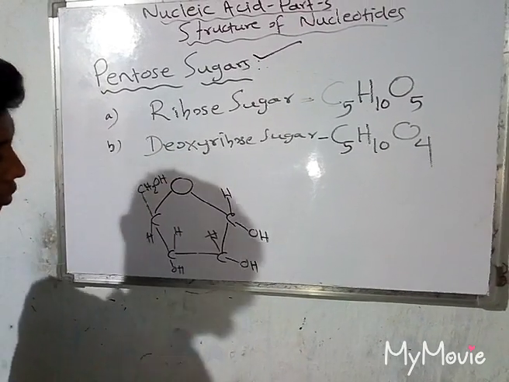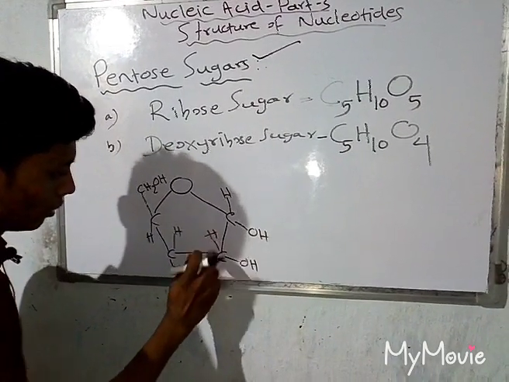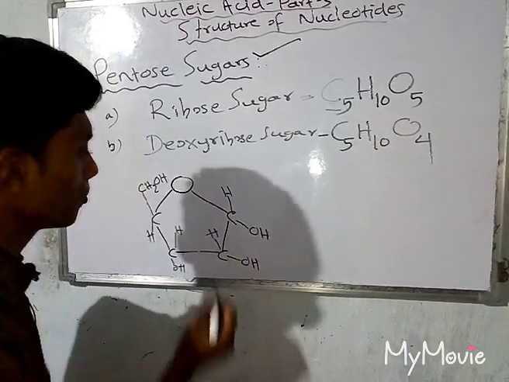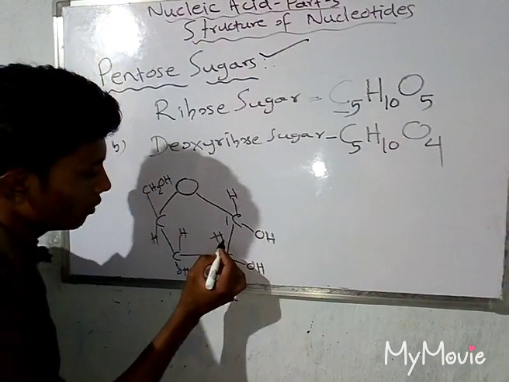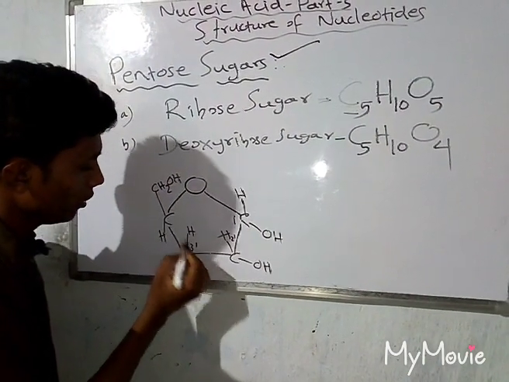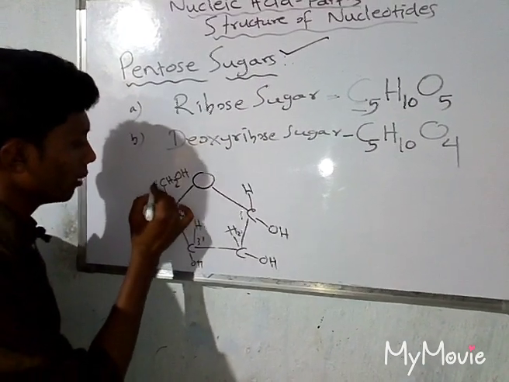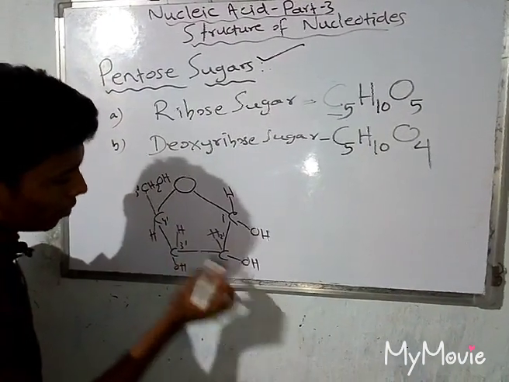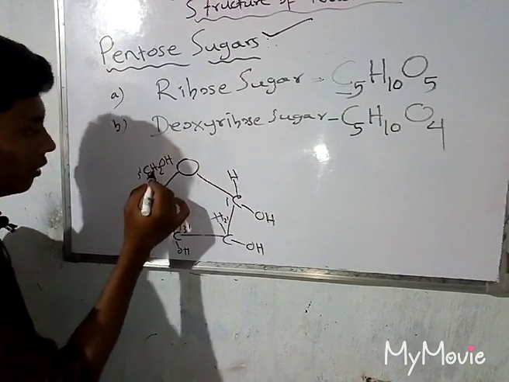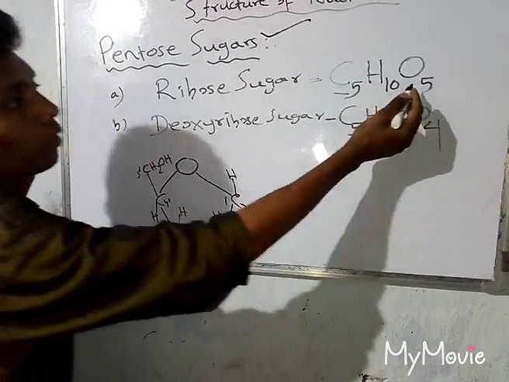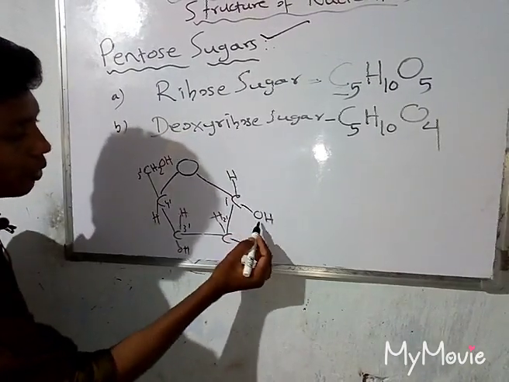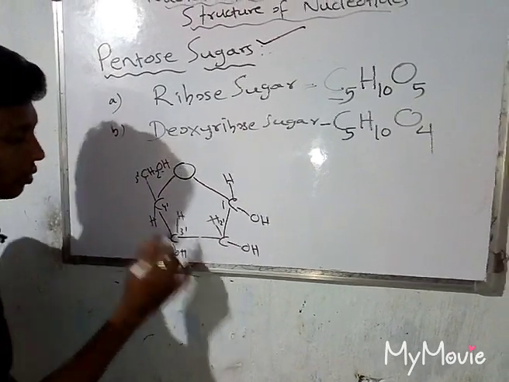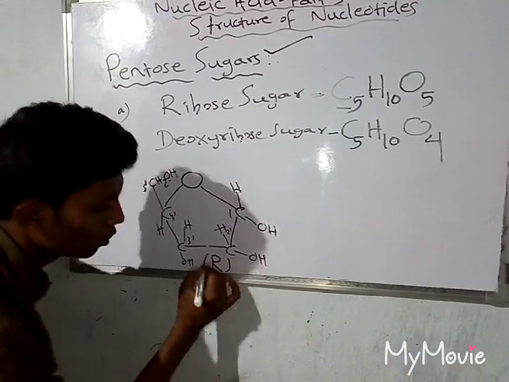We can also count here: C5, that is 5 carbon atoms, 1 2 3 4 5, and the 10 hydrogen atoms, 1 2 3 4 5 6 7 8 9 10 hydrogen atoms, and oxygen 5, 1 2 3 4 5 oxygen atoms. Clear? So this is ribose sugar.